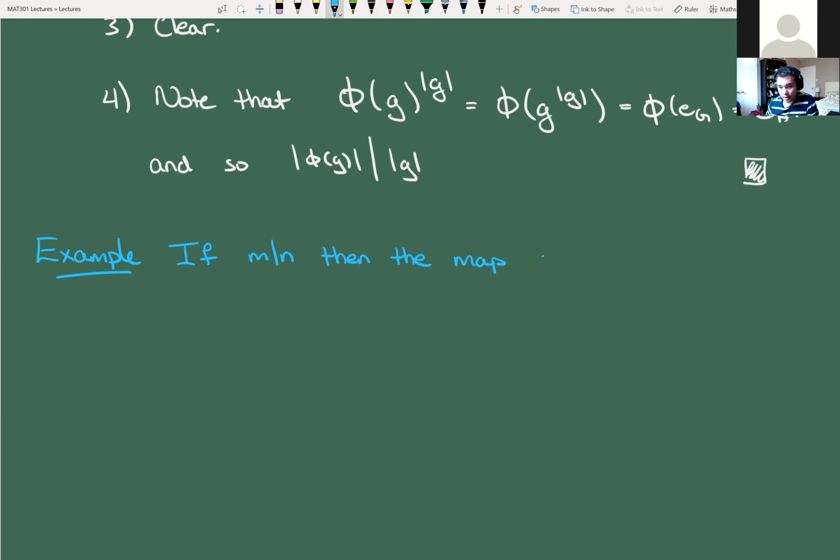But my claim is that I can define a map pi n,m from Zn to Zm. And all I'm going to do is map x to itself, but I'm going to change the modulo. This map is a group homomorphism.